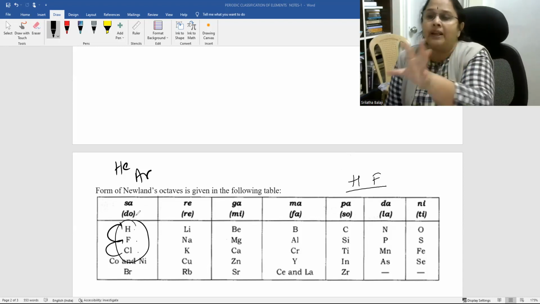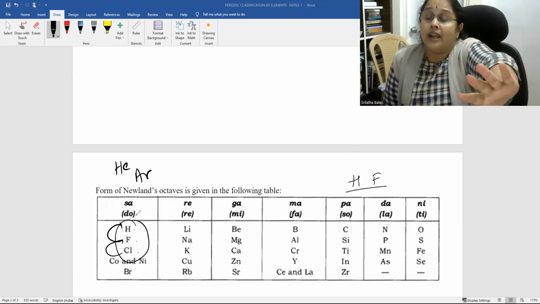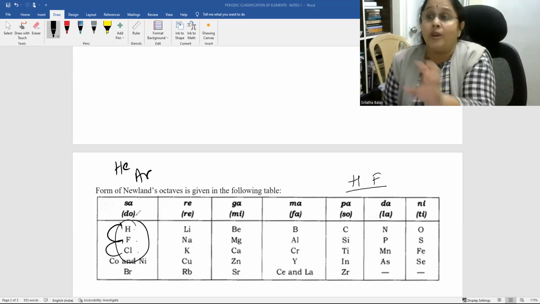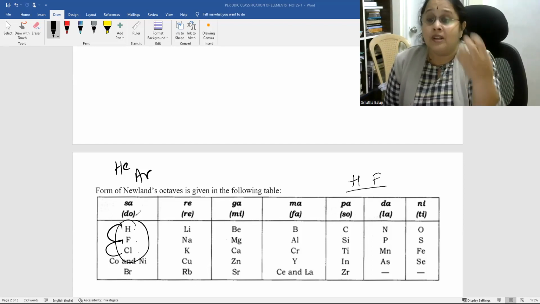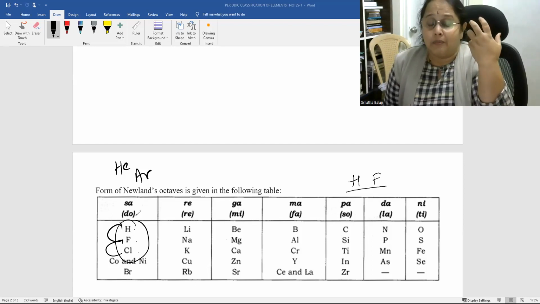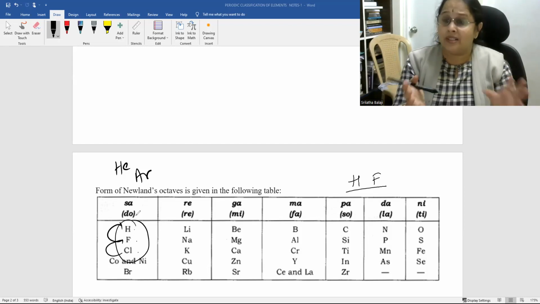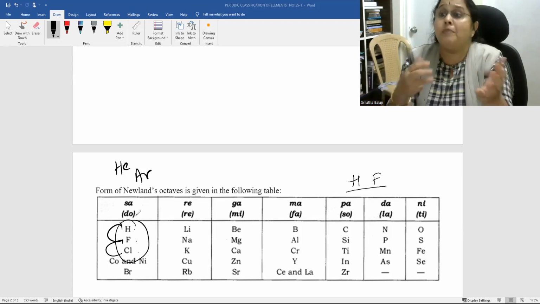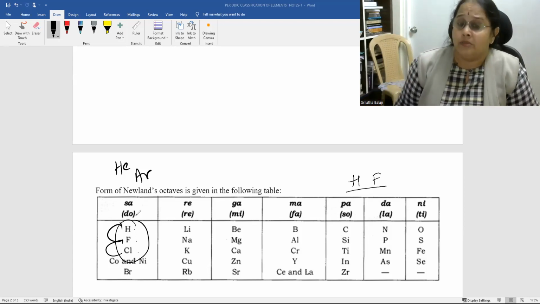The idea behind this was that he was actually successful in arranging the elements in the form of a table. Though we don't call it a periodic table, this is one of the attempts. The merit of this table is that he places the elements in a tabular form, much better than what Dobereiner had attempted.